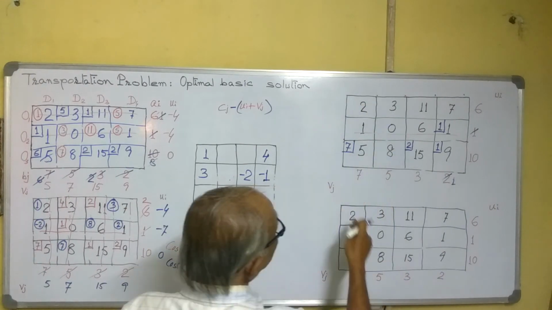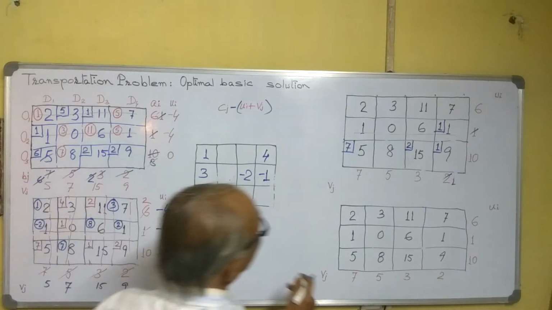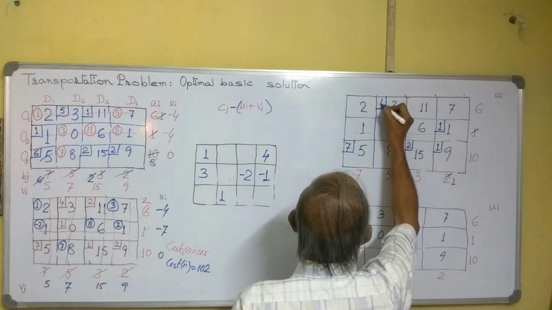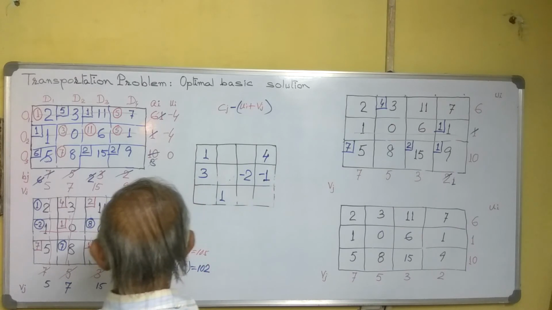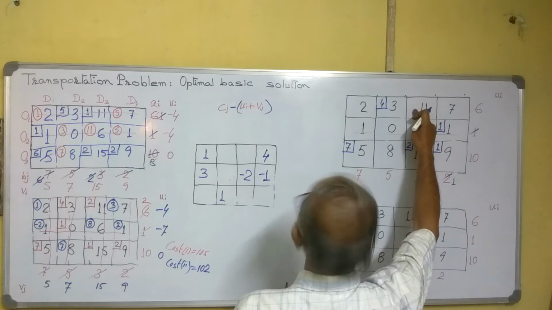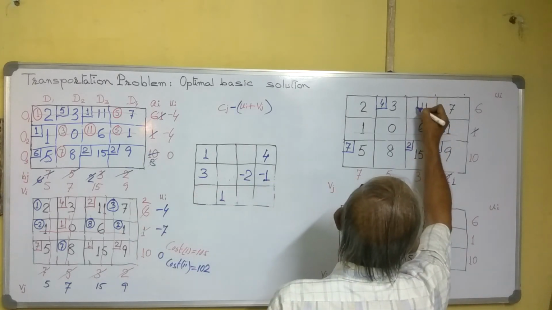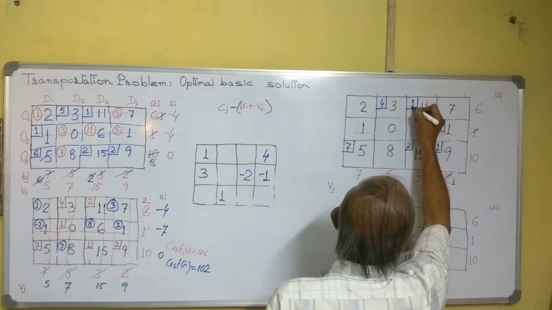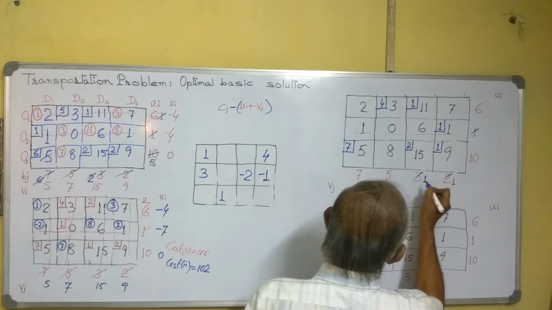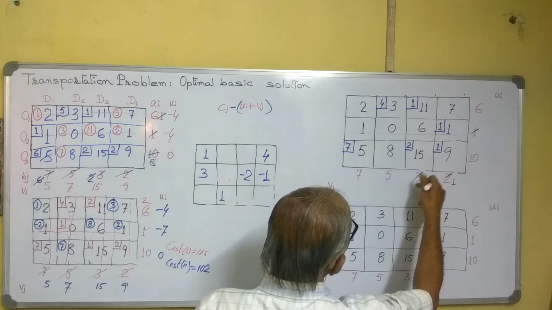Here 4 was allotted. And here 2 was allotted, but we cannot allot 2 now. We can allot only 1, because 3, 2 is gone, only 1 is there. So we can allot 1 only. So 1 and 2, 3.